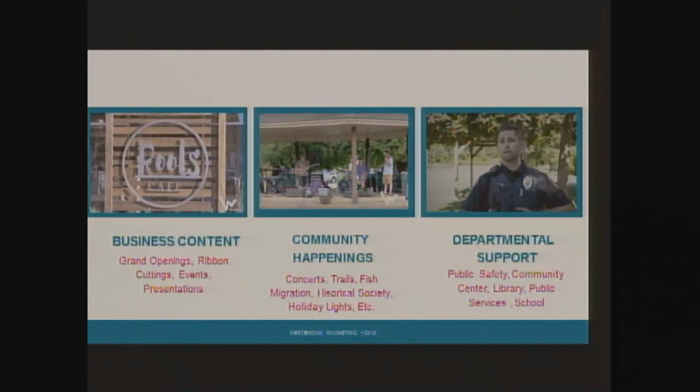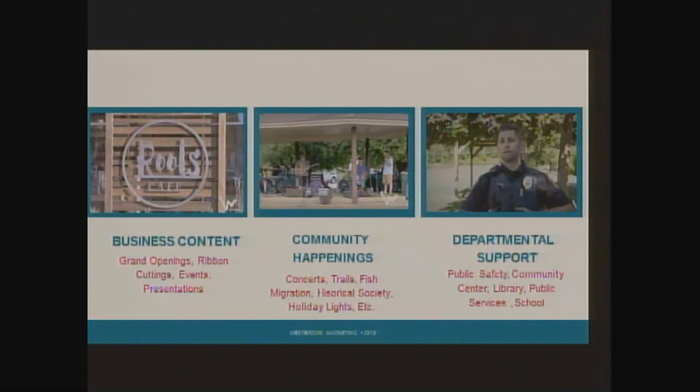As part of our goal to continuously engage people, we are continuously creating content. Every day we're posting on social media or our website or on TV or the radio. A lot of the content is business focused, working with economic development. So we've covered, mostly Barry, grand openings, ribbon cuttings, events and presentations like the sculpture installation.